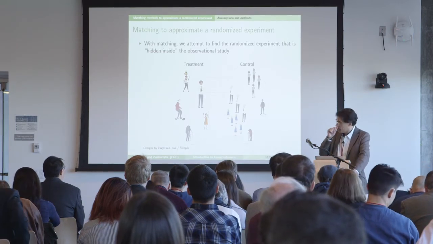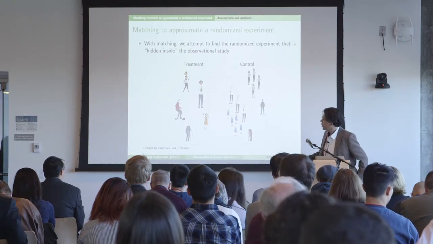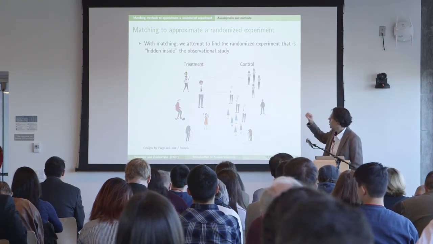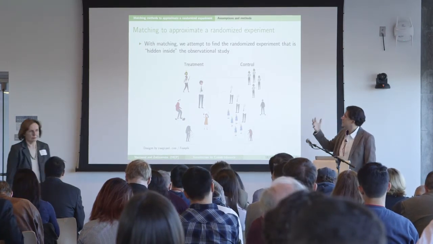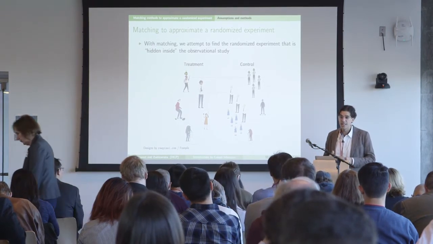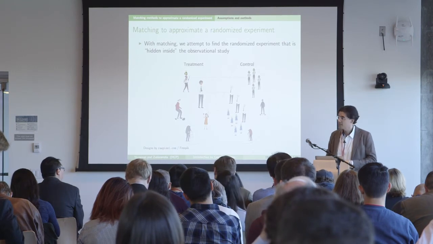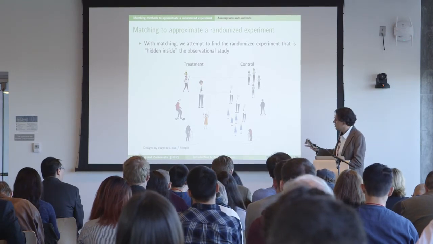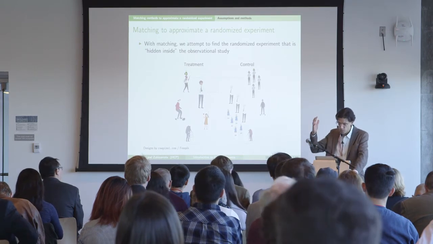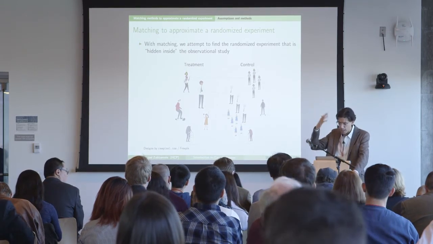Like, for example, here, we're trying to find a clone for every treated subject in the control group, right? We're trying to find this randomized experiment that is quote-unquote hidden inside the observational study. That's the intuition behind matching. And we're going to do it exactly in this way by forming pairs first. And this can be relaxed into more general matching structures and a weighting in general.